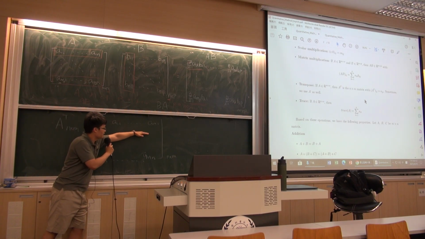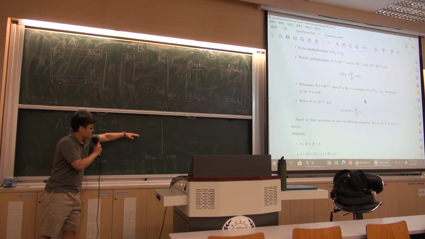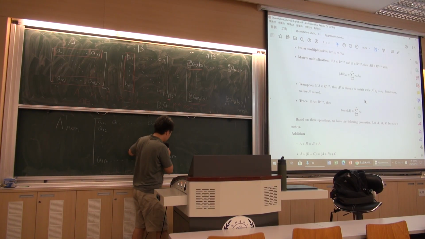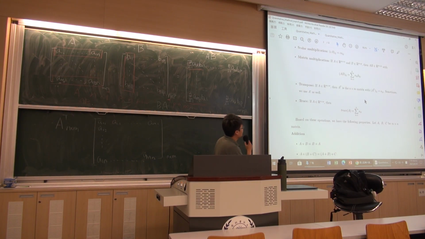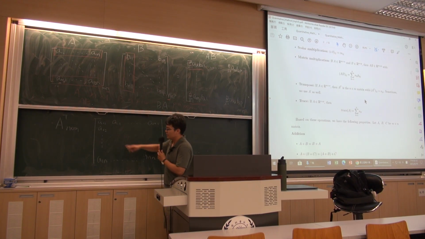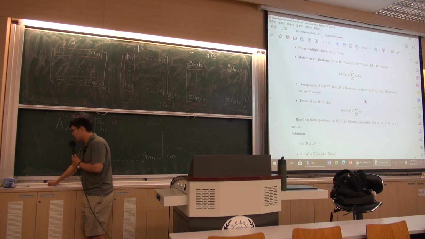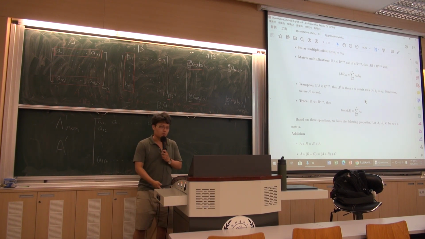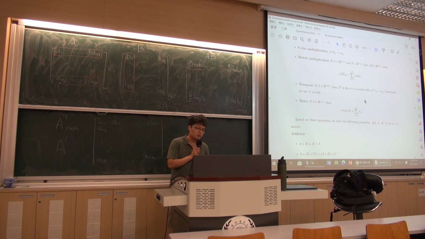So here you can see the second row looks like this one, and you continue this process and get the new transpose matrix. Sometimes we use T, sometimes we use a prime to represent the transpose operation. But yeah, that's it.